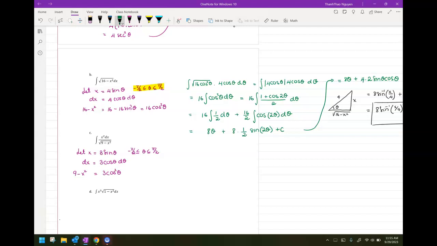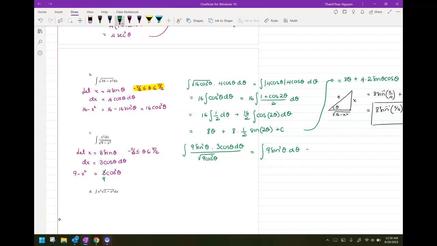So let's go ahead and rewrite our integral. Now we have 9 sine squared of theta times 3 cosine theta d theta divided by the square root of 9 cosine squared theta. This simplifies to 9 sine squared theta d theta, because theta is between negative pi over 2 and pi over 2, so cosine of theta is positive.